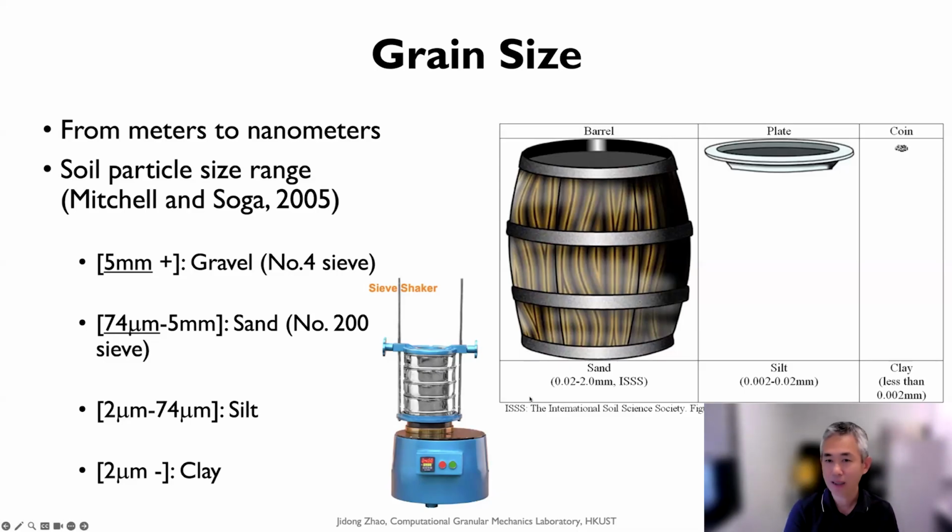And if you want a direct comparison of the typical size of sand and clay: if we use a barrel like in a vineyard, the barrel is the size of a sand grain, and comparatively the silt particle would only be like a dining plate, while the clay particle is only as small as a coin.